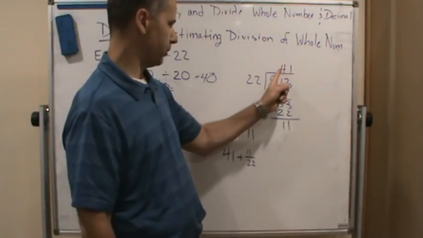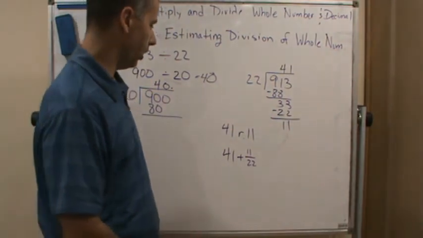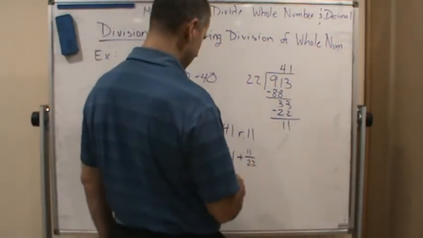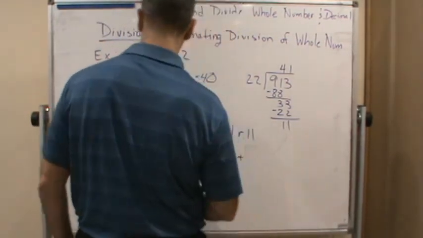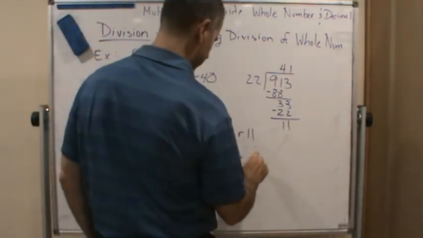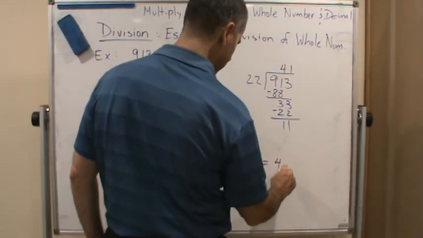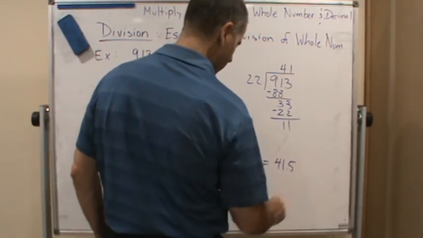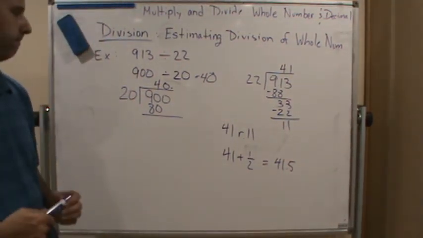So it's the whole number 41 plus 11 twenty-seconds, or what is 11 twenty-seconds? A half. Which I can also write as 41.5. So there's 3 ways I could write it.